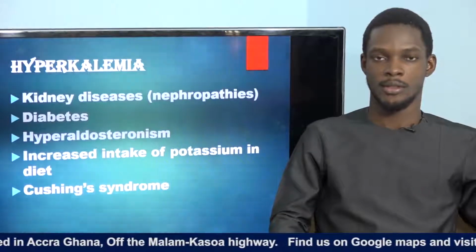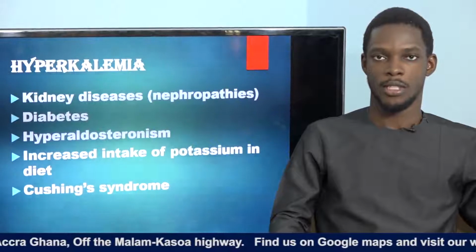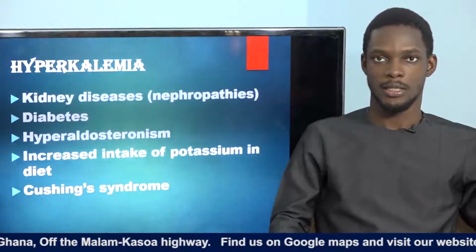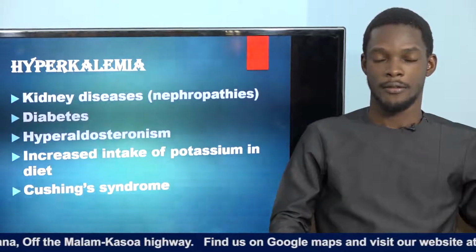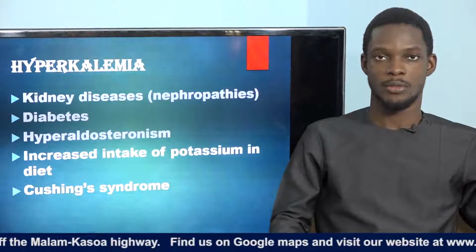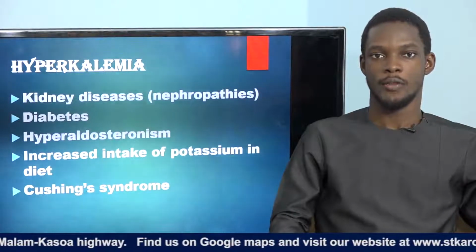Hyperkalemia. Hyperkalemia occurs when blood potassium level exceeds 5 milliequivalents per liter. 5 is usually used. However, you may see in some textbooks 4.5 to 5.0 milliequivalents per liter.